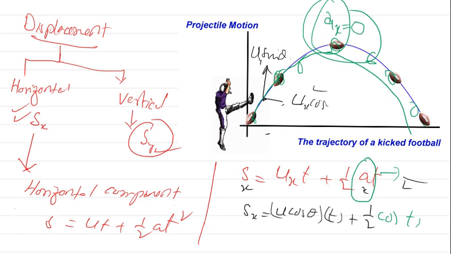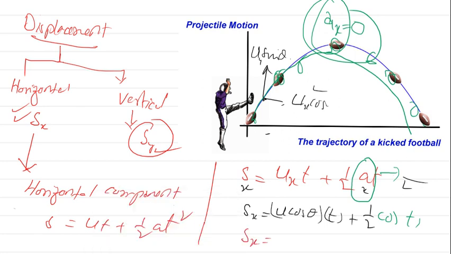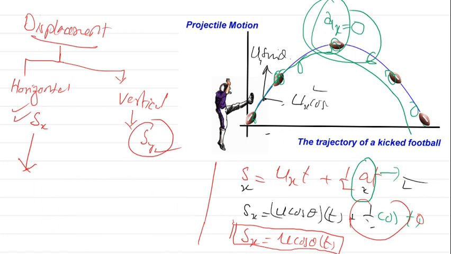It means now finally I can write the equation as x is equal to u cos of theta into t, and this other term will be 0, so no need to write it, all will become 0. So finally this will be your equation, the horizontal equation of projectile motion.